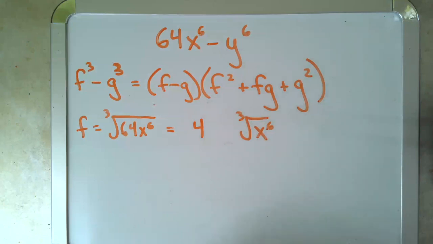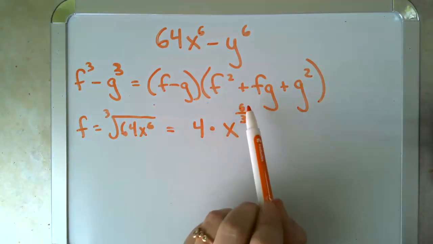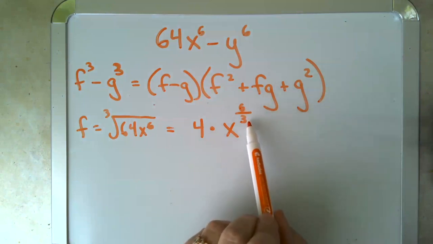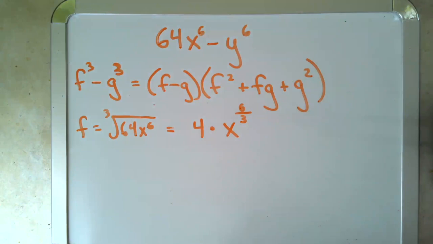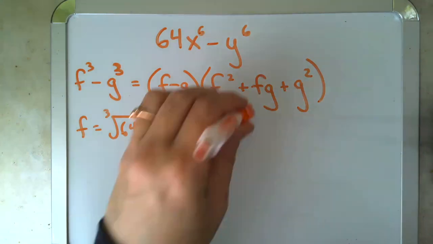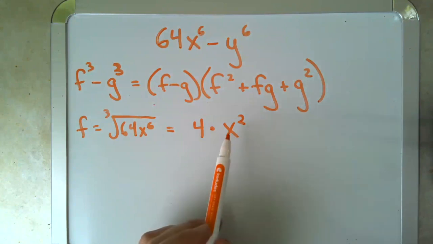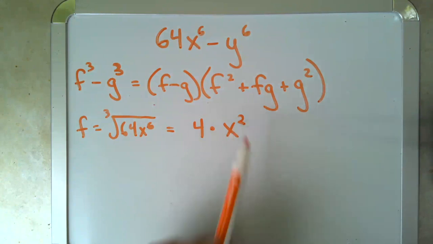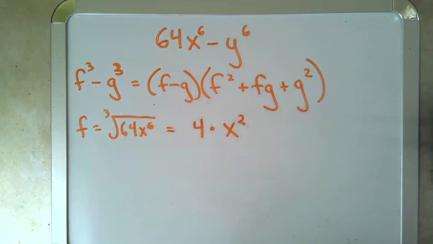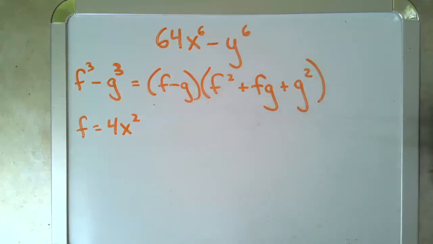So I would rewrite it like this, right? There's the power of my exponent as the numerator, the power of my root as the denominator, and 6/3 is just x squared, and that maps out because x squared times x squared times x squared, right, times itself 3 times is x to the 6th. So my f is simply 4x squared.